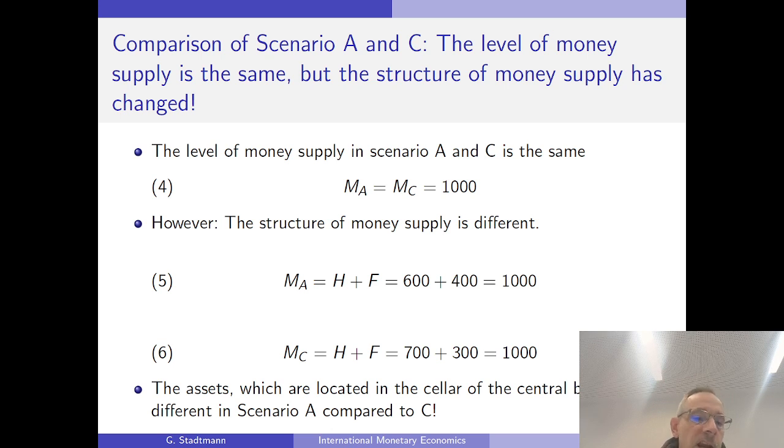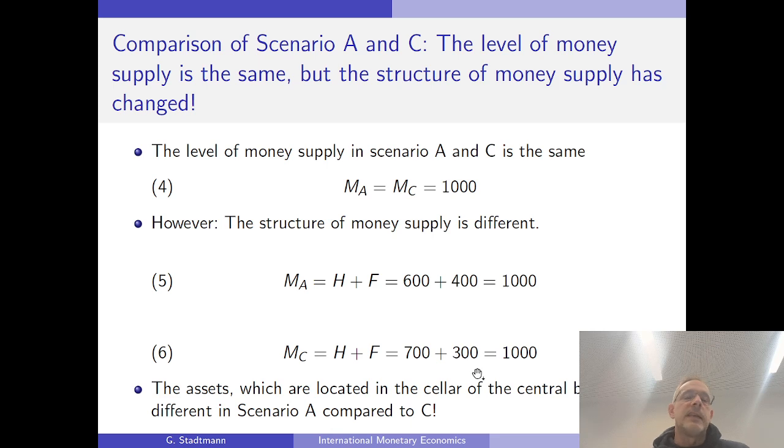What has changed is especially the assets located in the cellar of the central bank. In A, 6 government bonds were lying in the cellar of the central bank and 400 US dollars. In the new situation, 7 government bonds are in the cellar and only 300 US dollars in reserves.